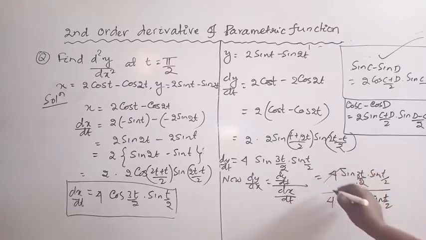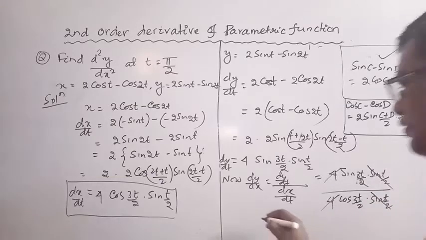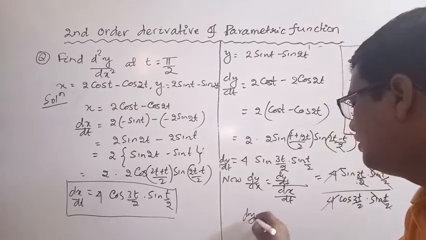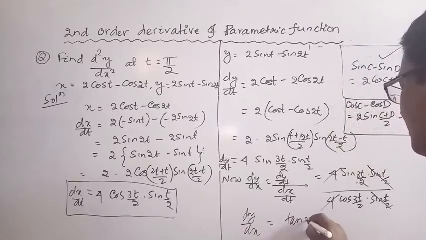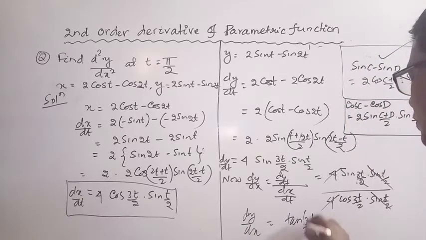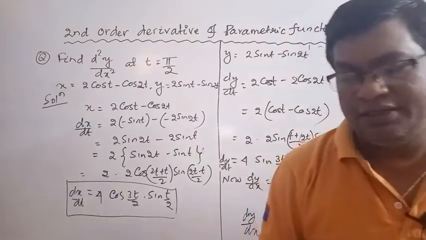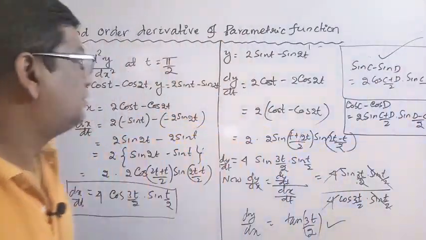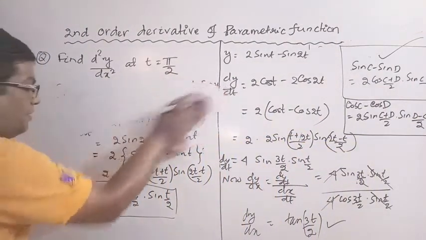So 4 cancels, sin t by 2 cancels. This is dy by dx equal to tan 3t by 2. Okay, this is dy by dx. Now to find d square y by dx square.